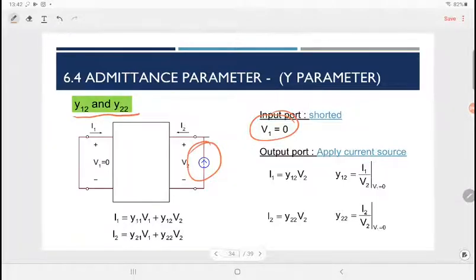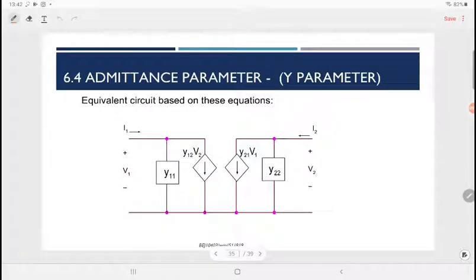Therefore, Y12 is I1 divided by V2 when V1 is equal to 0, and Y22 is I2 divided by V2 when V1 is equal to 0. So this is the admittance parameter equivalent circuit, and this is how we get the matrix equation for the Y parameter.